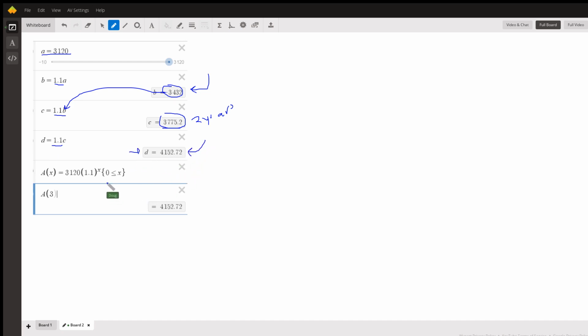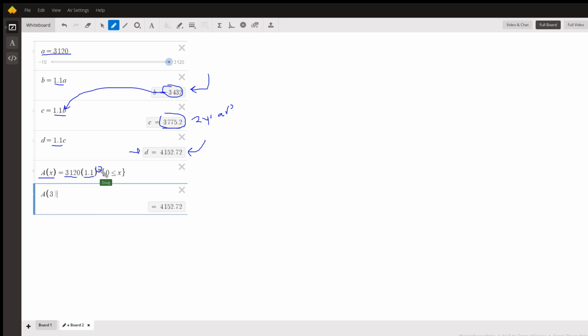But what this is all leading up to is learning to develop exponential equations. The amount, depending on x, is 3,120 times, here's that increase multiplier, and there's the number of years. So when x is 0, 1.1 to the 0 is 1, and I get the original amount.